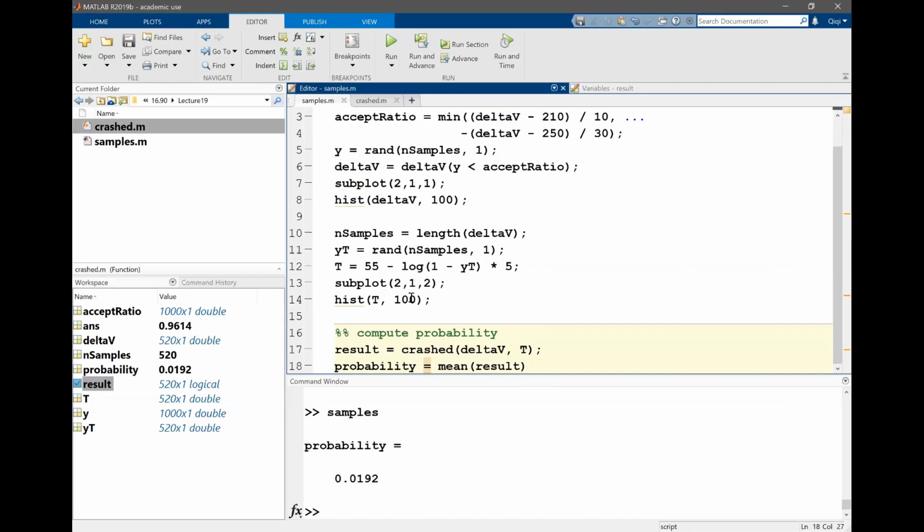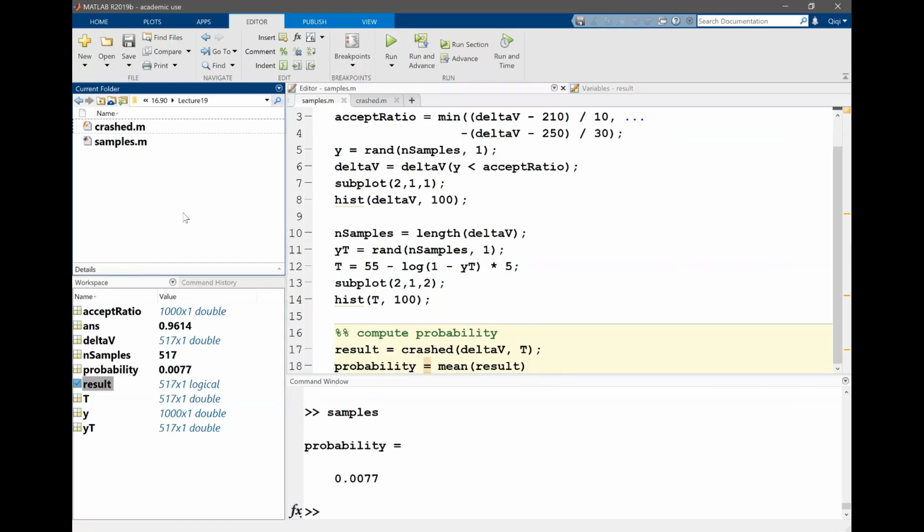It's a random quantity because if I run the simulation multiple times, I get different probabilities. If I run it 100 times, I get 100 probabilities. Remember, the real probability is not a random variable, right? The probability is a fixed number.